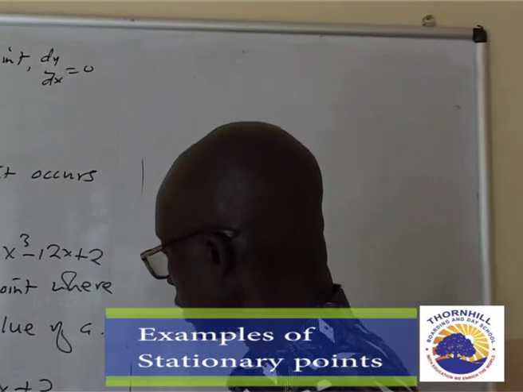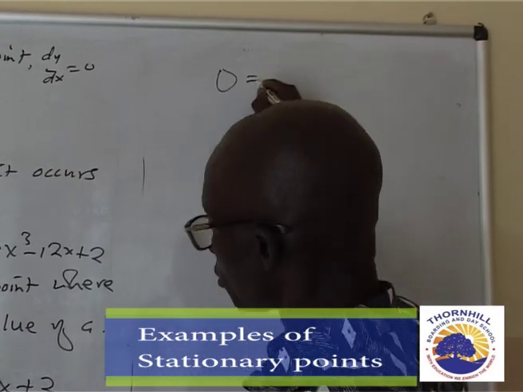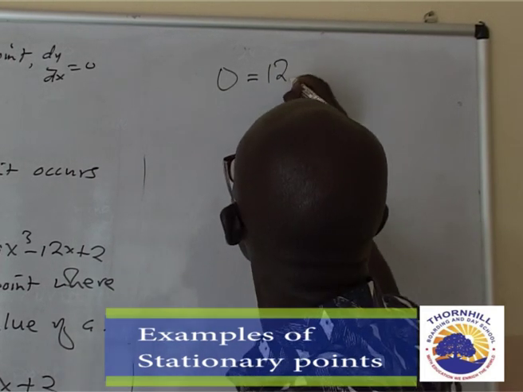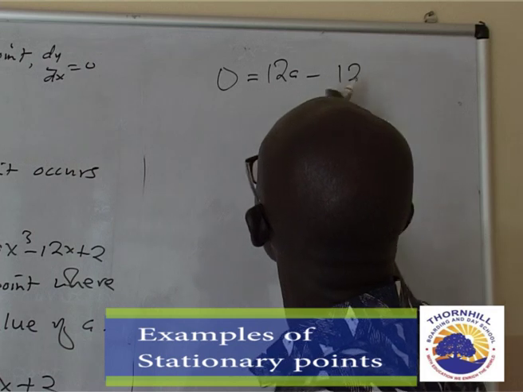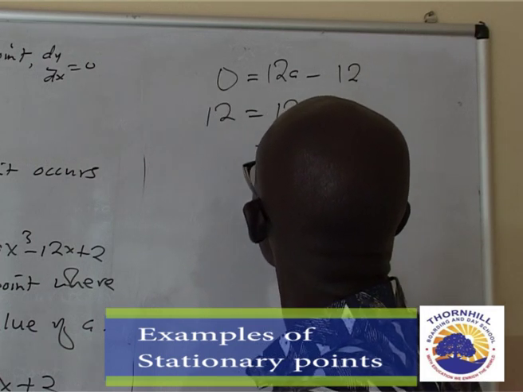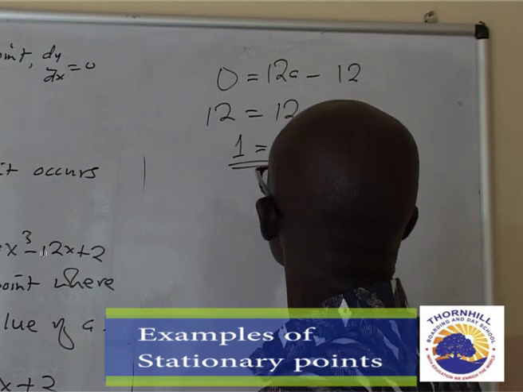So let's simplify this. We have 0 is equal to 2 squared, 4, 12a minus 12. So 12 is equal to 12a, and a is equal to 1.